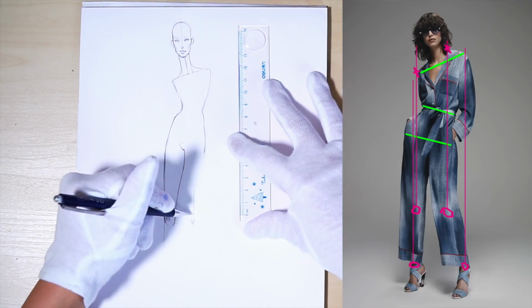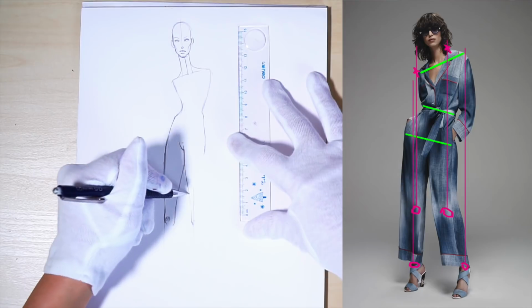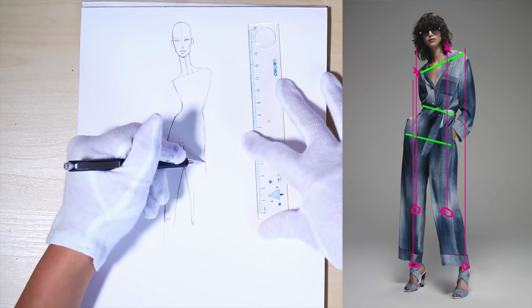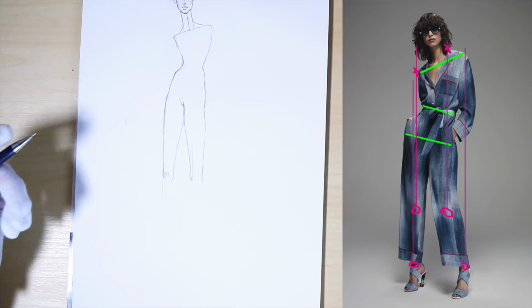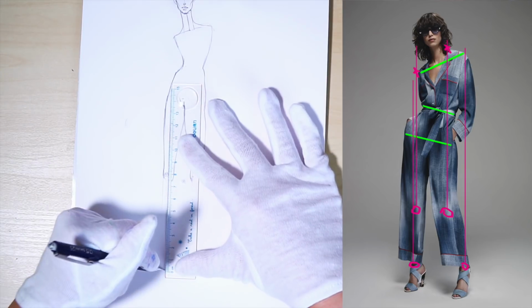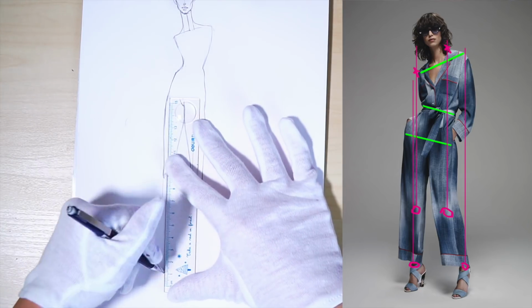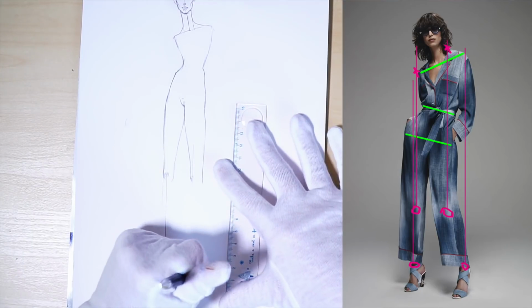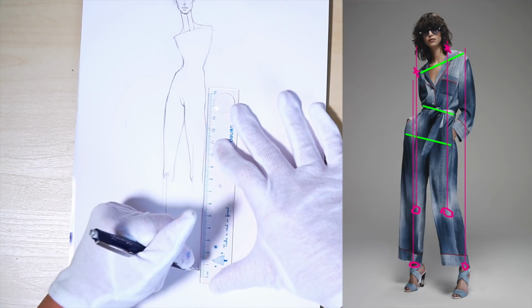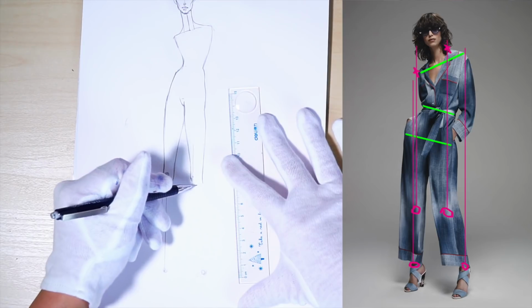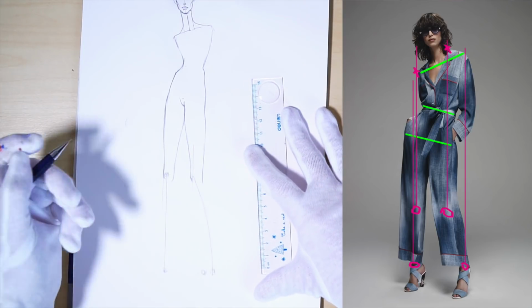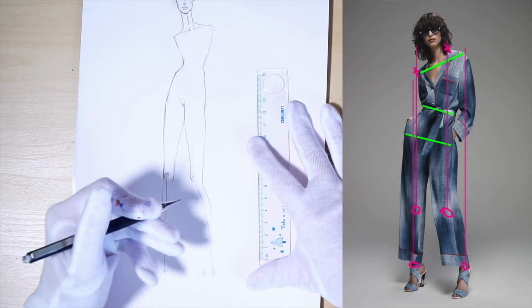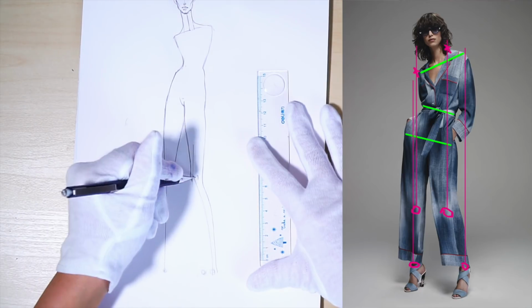So that's how I locate them with different lengths. For hips to knees, I usually calculate 6 centimeters, and from knees to ankles 8 centimeters. And as you can see on the reference image, her right side ankle is located a bit to the side, and the same but a bit less with her left side leg.